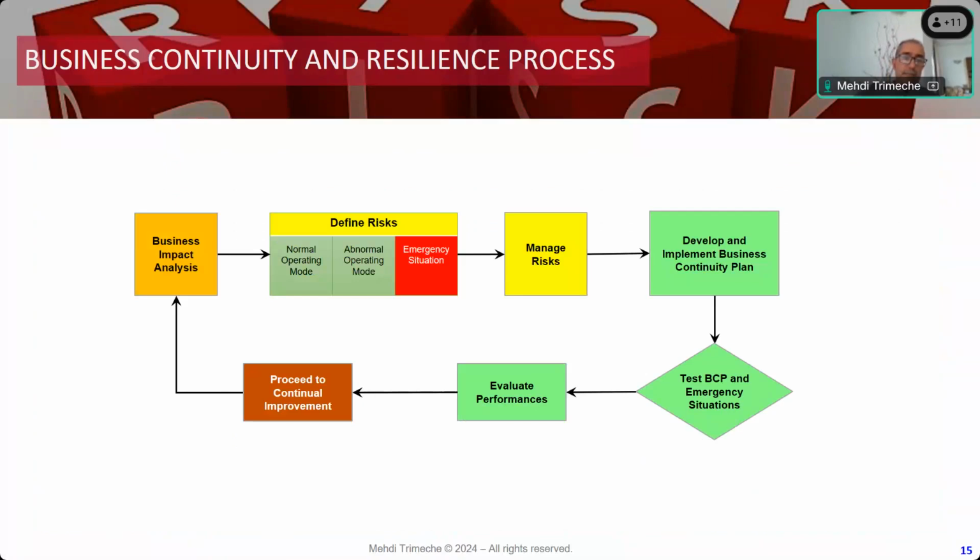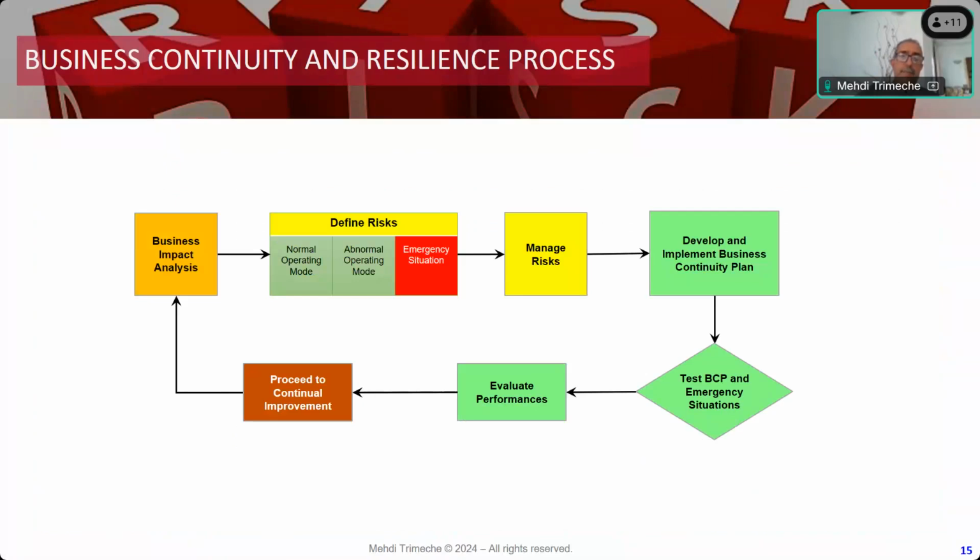And we consider this in a normal operating mode and an abnormal operating mode. For example, normal operating mode can be day working, and abnormal operating mode can be night working. And we identify the emergency situations. The emergency situation relates to the high risks as per the evaluation. And here we manage these risks as per the process that we will see later.